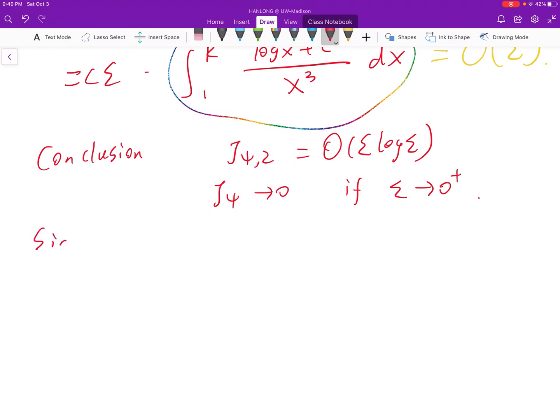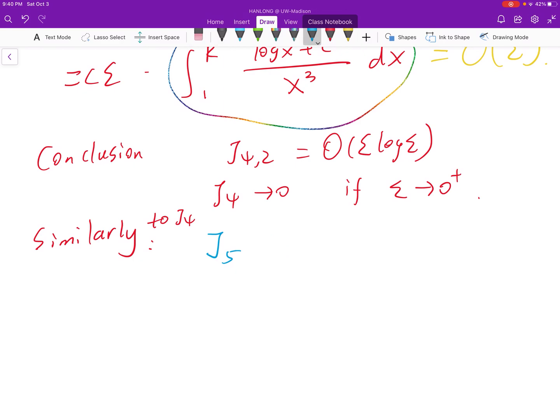Similarly, you can do the estimate. You can do J5 in a similar way, similarly to J4. J5 is, I can write down the answer here.